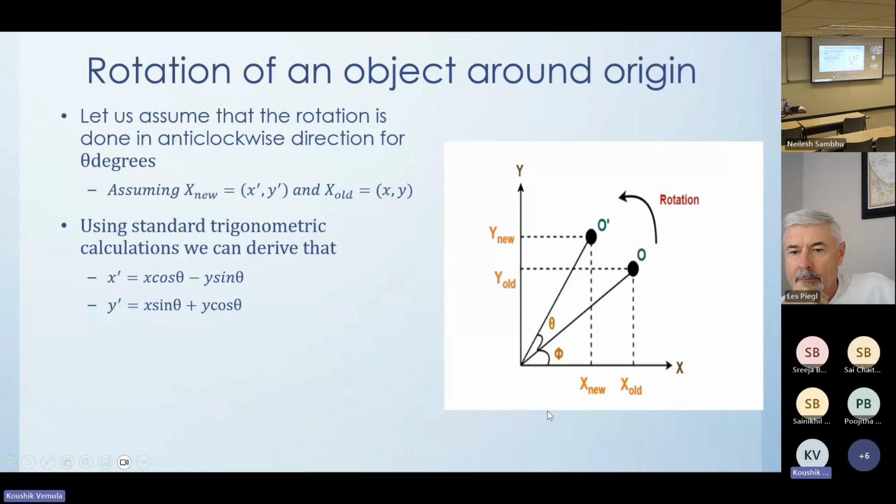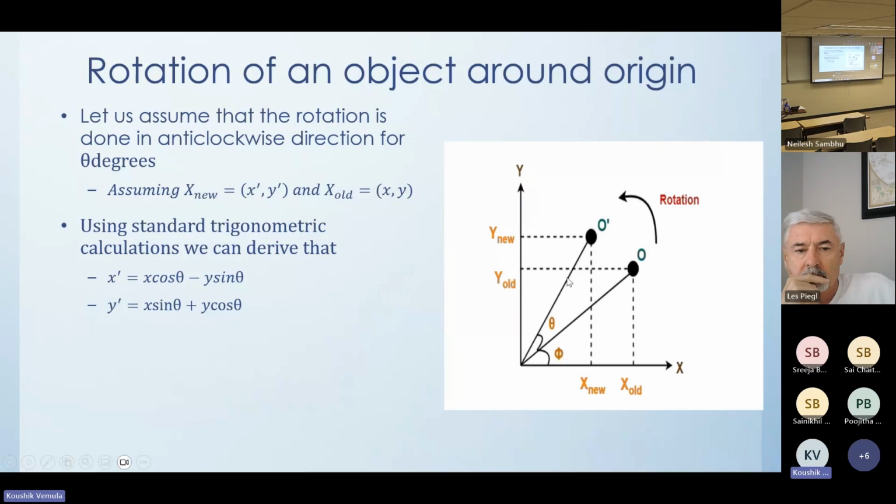When we consider the origin as the rotation point, let's assume the new points are x dash, y dash, the old points are x comma y, and the angle we rotate by is theta degrees. As shown in the figure, (x, y) is the point O, and (x dash, y dash) is point O dash.